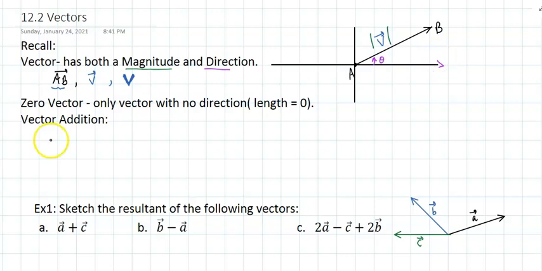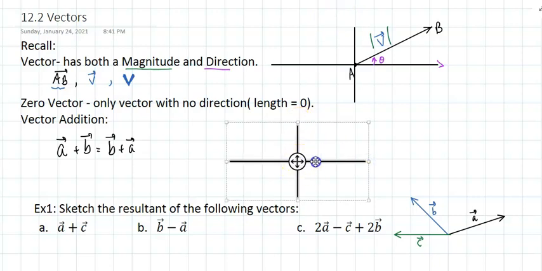Vector addition. If you have two vectors, if you take vector A and vector B and you add them, that's the same thing as taking B first and adding A. Now we're going to start with 2 dimensions and transfer all of this knowledge to 3 dimensions.